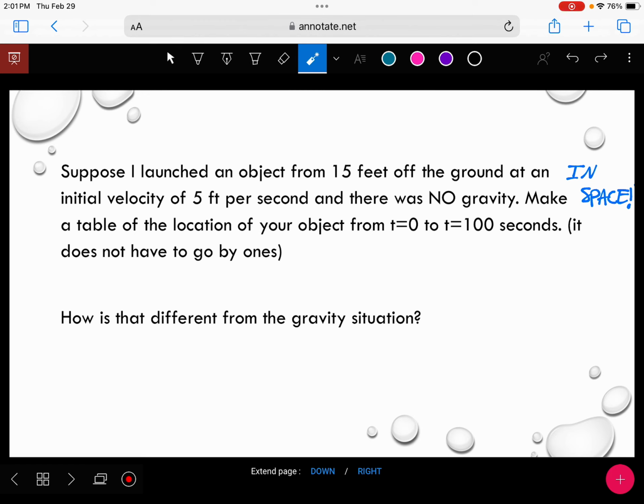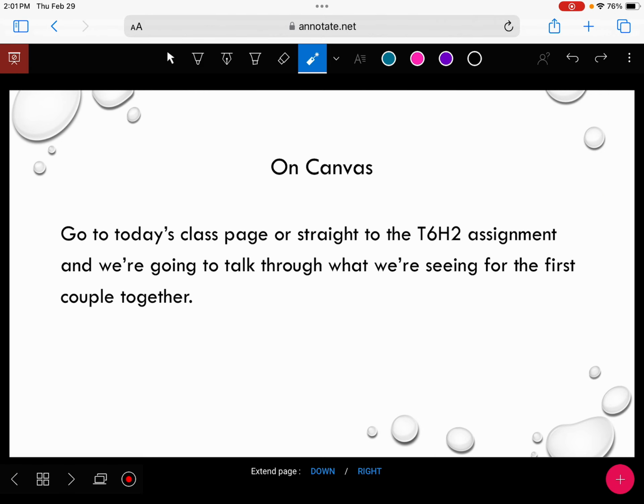Okay, so our last piece for today is actually going to be on the computer. It's on Canvas. So you're going to go to today's page or straight to the T6H2 assignment. And we're going to talk through this a little bit. It does use a page in your workbook.